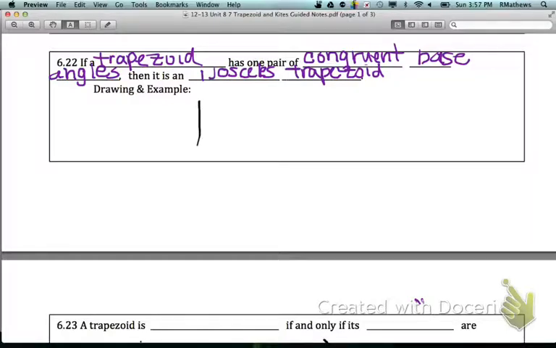And again, remember, trapezoids can face different ways. Oops, sorry, this is going to go a little more crooked. Okay, the bases don't have to be on the top or the bottom. All right, so we'll call that K. This will be P. Here are my base sides. Okay, those sides. And this pair of base angles, we'll call that one congruent. Let me give those a label. So we'll call this angle L here, or point L. Whoops.